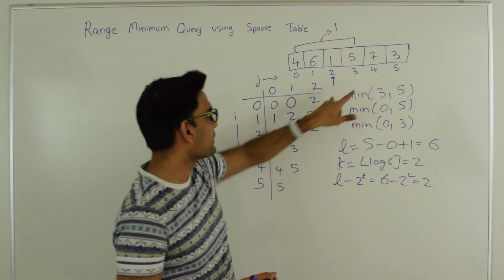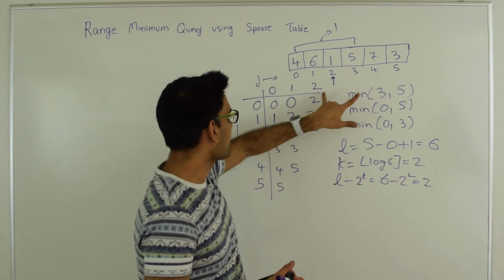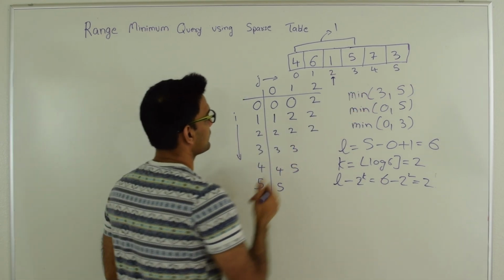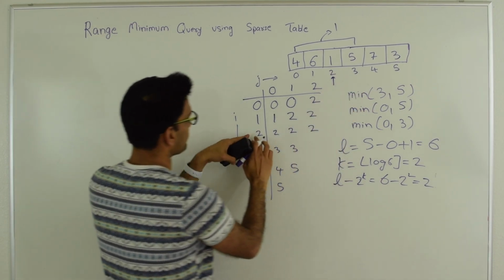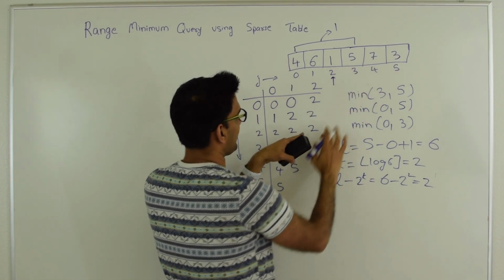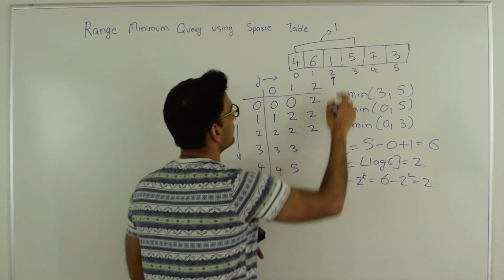Now from here we repeat the same process, look for the next 2 raised to k elements, minimum of the next 2 raised to k elements. So starting from row 2 or index 2, what is the minimum of next 2 raised to k elements? That value is stored here, and that value is also 1.